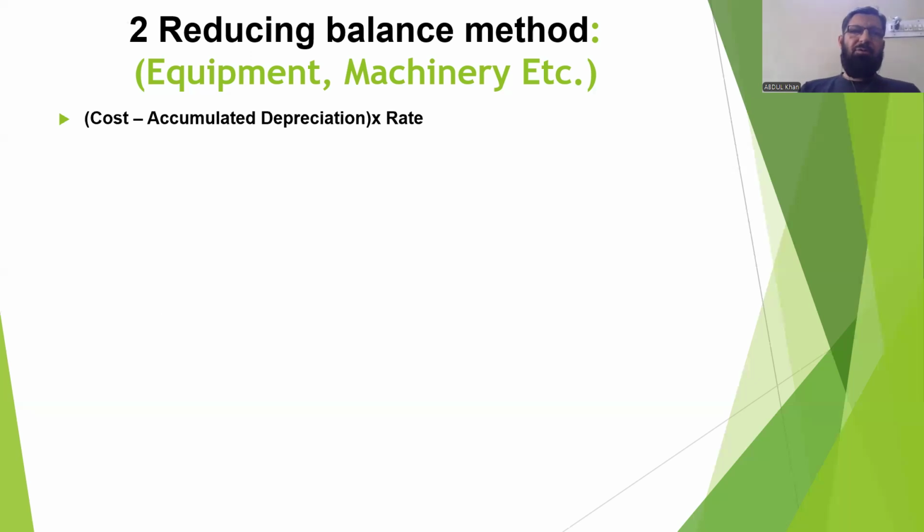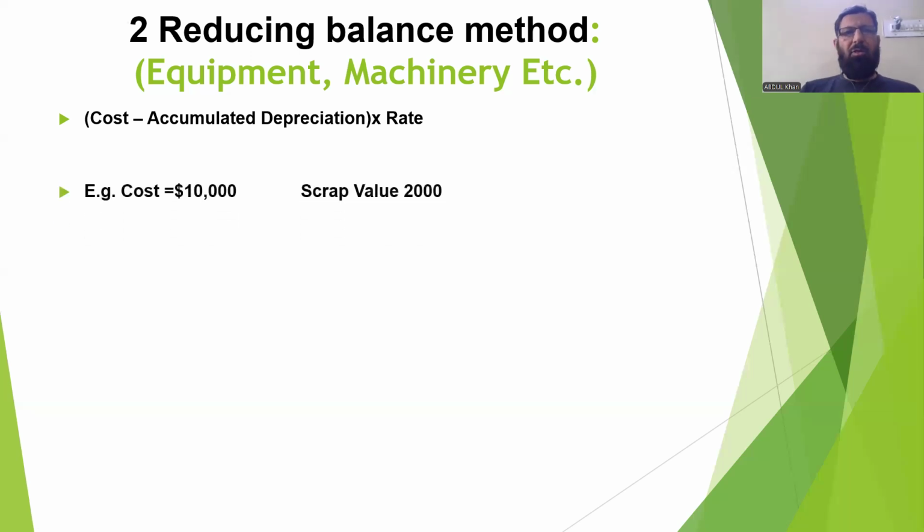But accumulated depreciation and scrap value are entirely different things. As I told you, scrap value is the estimated value you can get at the end of useful life. But accumulated depreciation is something else. Accumulated depreciation is the depreciation you have charged so far. When I give the example and we solve it, I will explain it again.